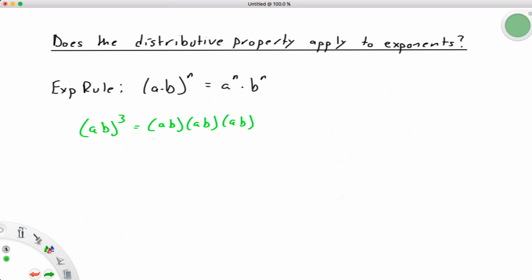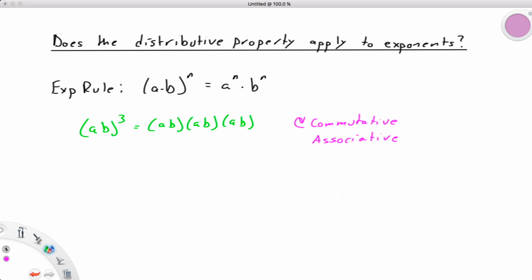Now, since all of this here is multiplication, we can take advantage of 2 other properties of real numbers, the commutative property and the associative property. And basically what these tell us is that if the only thing we're doing is multiplying, we can do that multiplication in any order that we want.